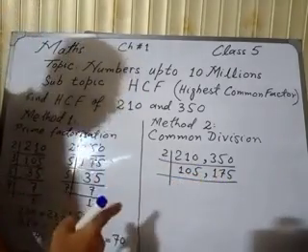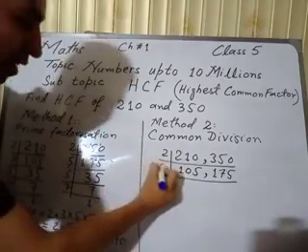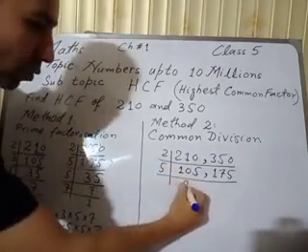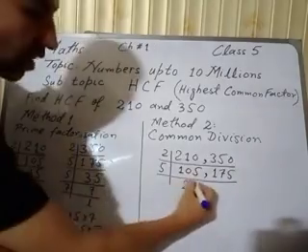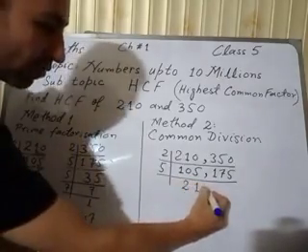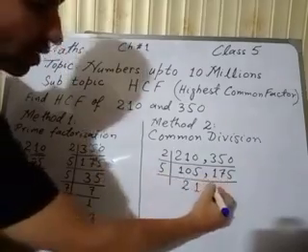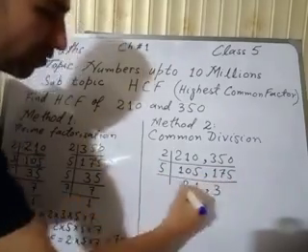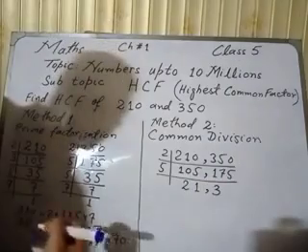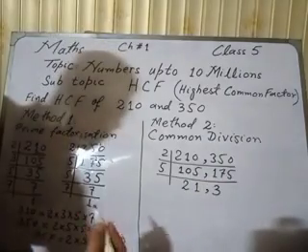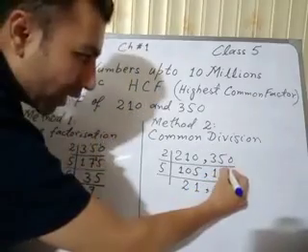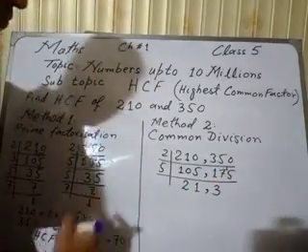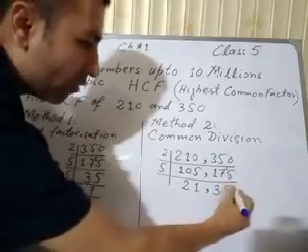So we have to check the next prime number, that is 5. 5 twos are 10, and 5 ones are 5. Now in the 5 table, 5 threes are 15. Out of 17 we have got 15. 2 will be the remainder, it will be considered with the next, so it will become 25. 5 fives are 25.